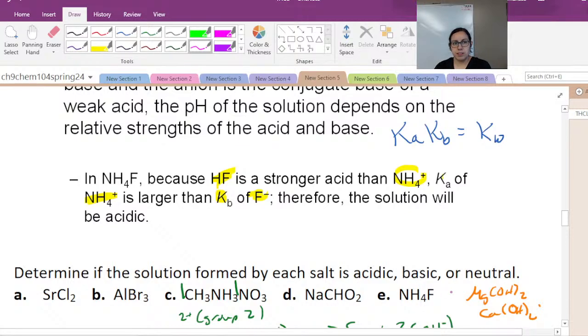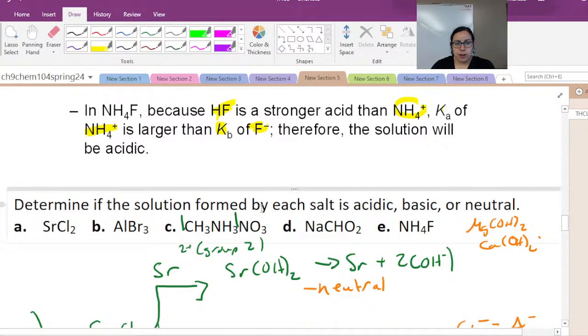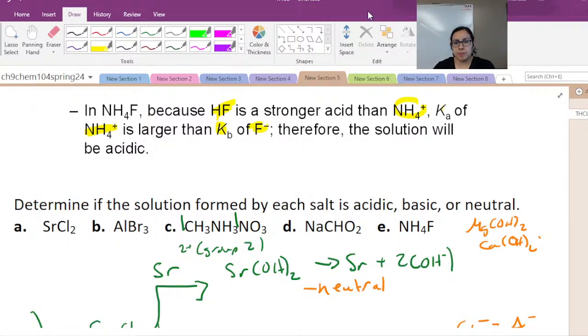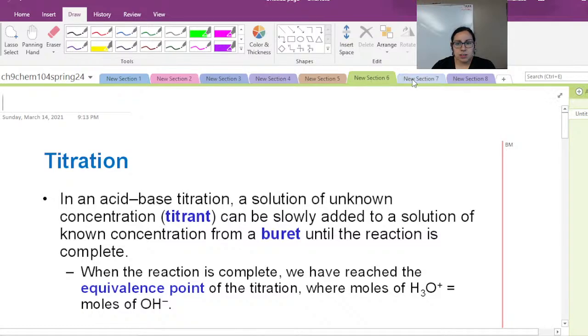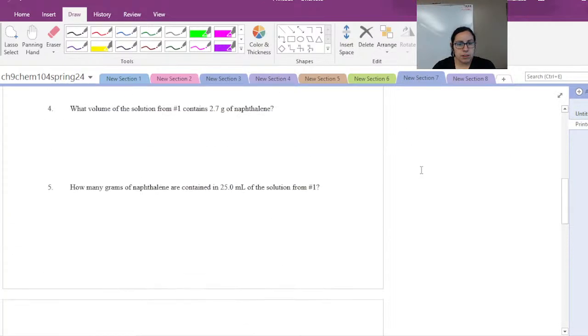We can see that this one would be acidic, but we're not going to go there because we have to compare acid and base strengths. All right, do we feel okay about the rest of them, A through D, maybe making more sense? So let's look at some other stuff.